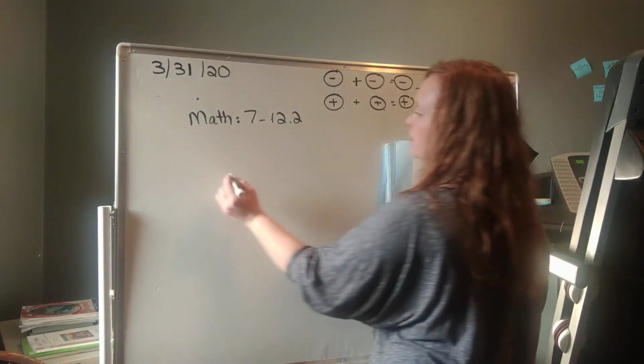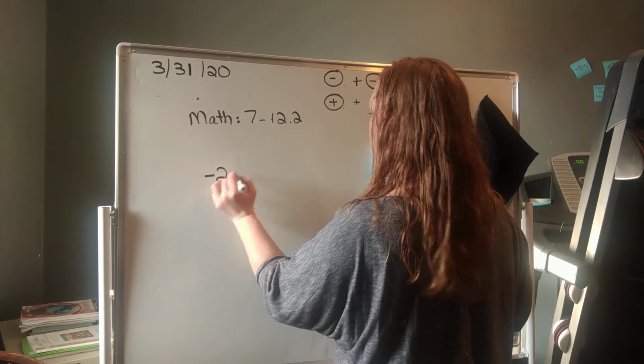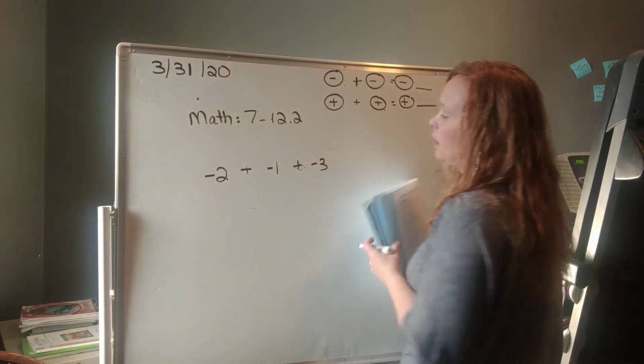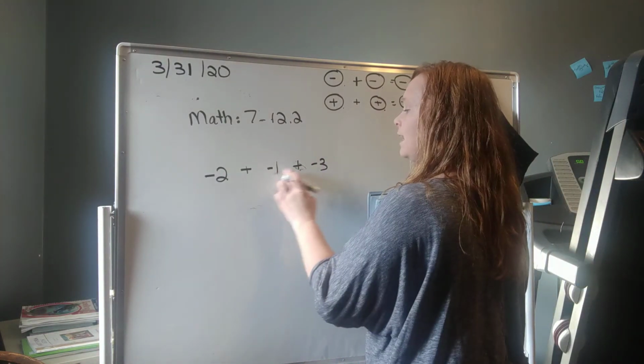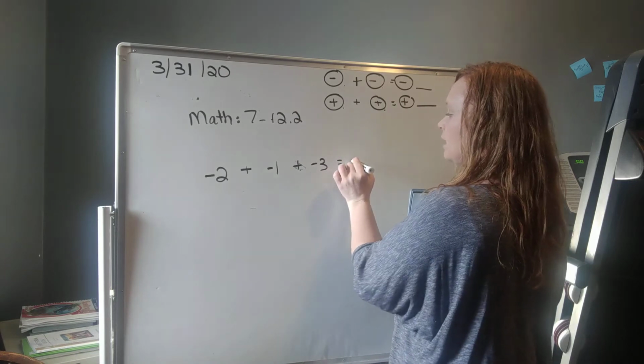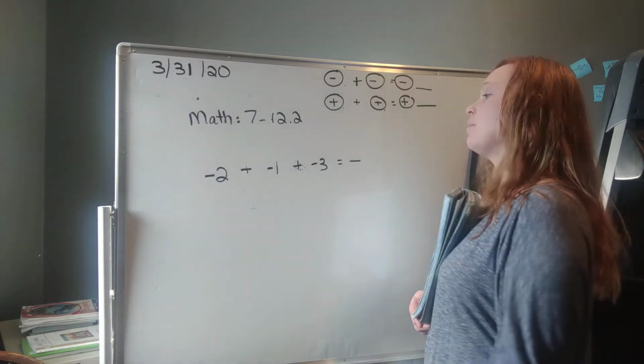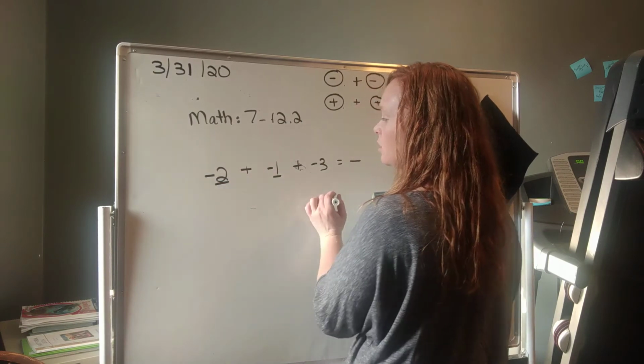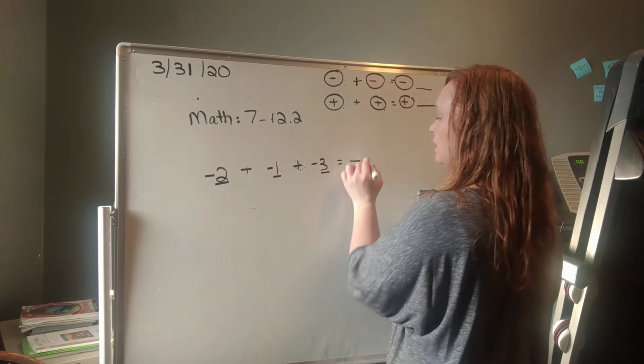An additional example on the next page says -2 plus -1 plus -3. I'm adding all negative numbers, so that tells me my answer is going to be a negative number. Then I'm just going to go through and add up the numbers. 2 plus 1 is 3. 3 plus 3 is 6.